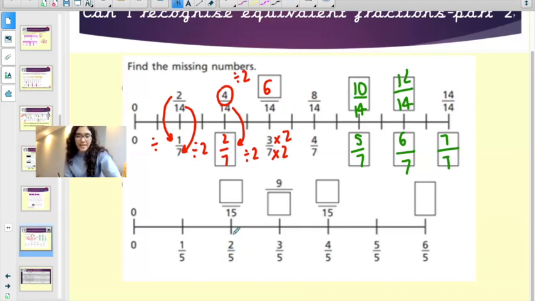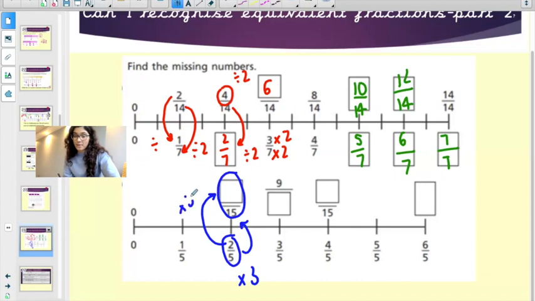Now here, if we look at this fraction compared to its equivalent here, how do we get from 5 to 15? You multiply by 3. Okay, so what you do to the bottom, you do to the top. So to find out what the numerator is here, you do the exact same thing. Multiply by 3. So what's 2 times 3? 6. Well done.